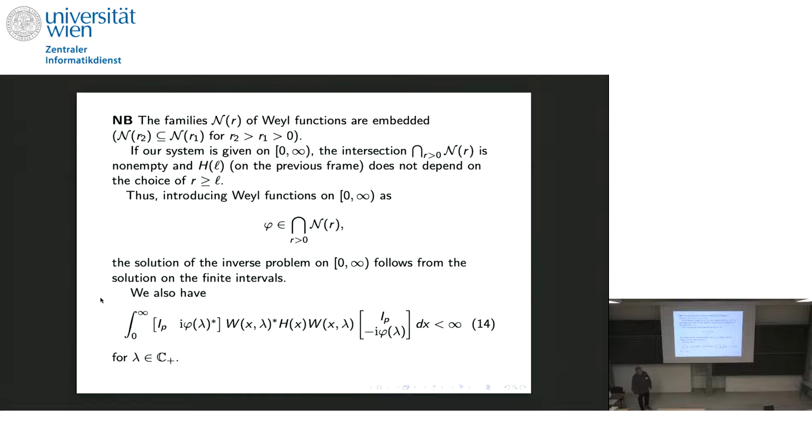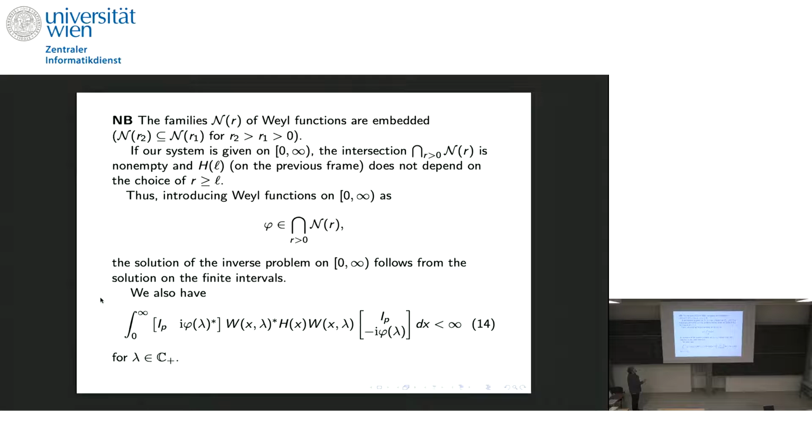Now we come to the semi-axis. The families of Weyl functions of the canonical system on the intervals are embedded. So if our system is given on the semi-axis, the intersection of these embedded families is non-empty.